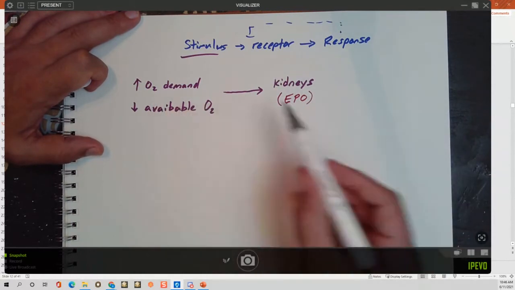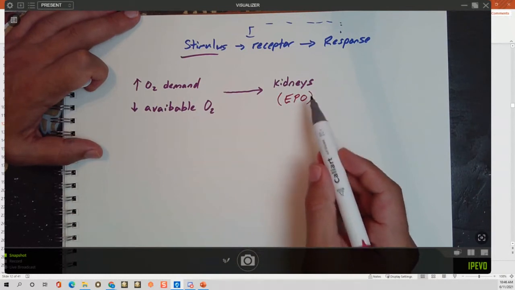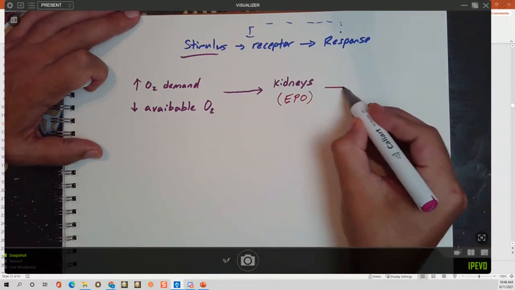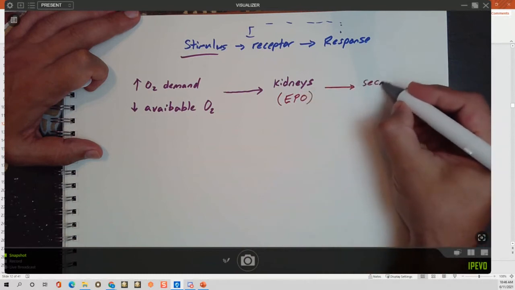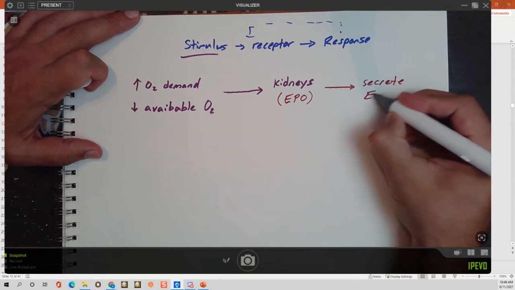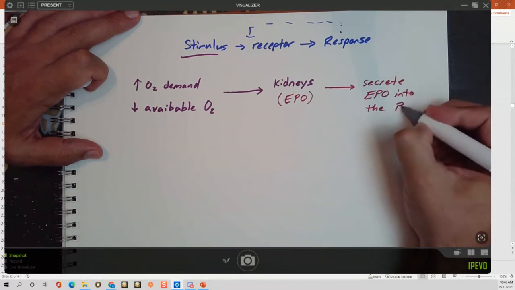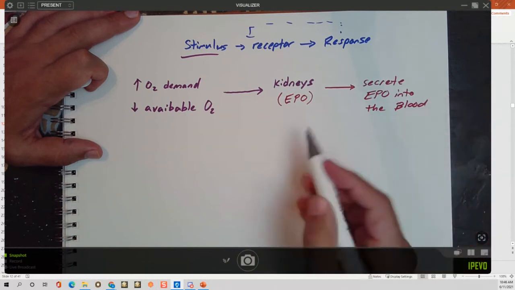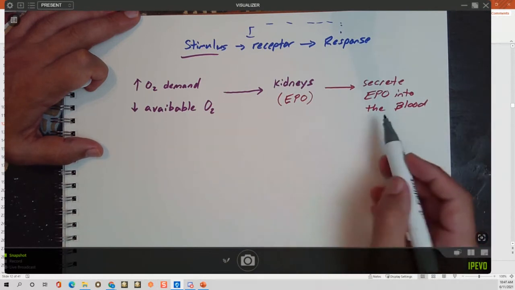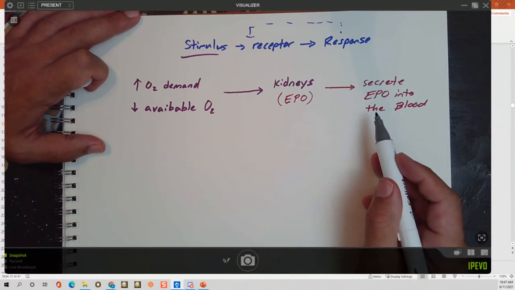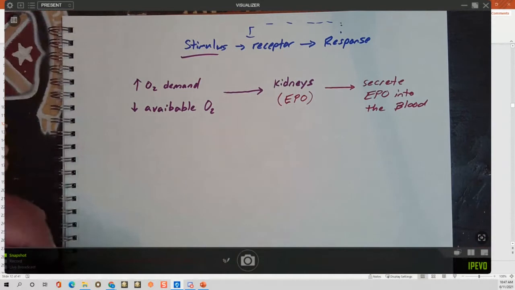If we have an increase in oxygen demand, we need more erythrocytes. So this is going to cause the kidneys to secrete EPO into the blood. Does that make sense? I hope so. This erythropoietin is a hormone, and it is now going to go to another target organ.